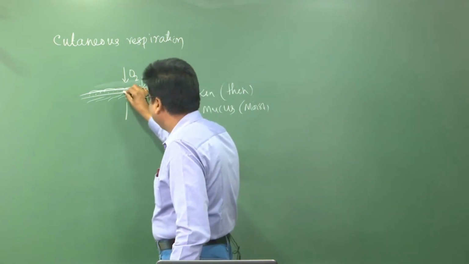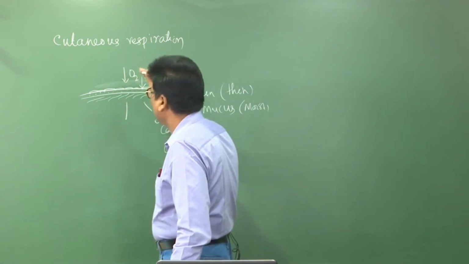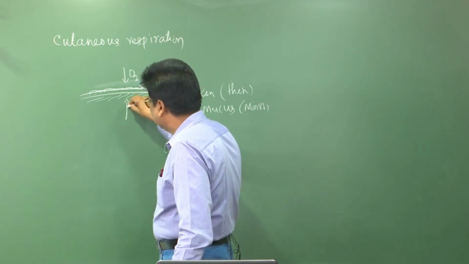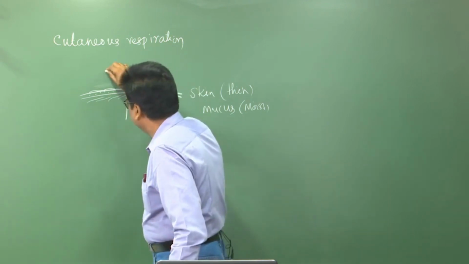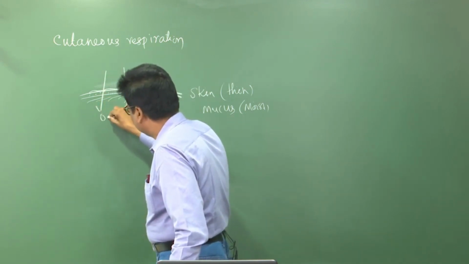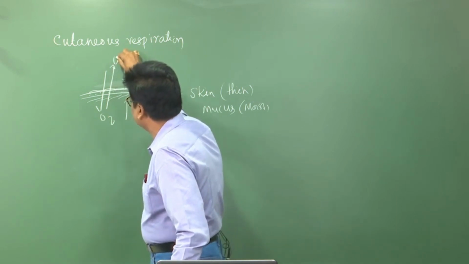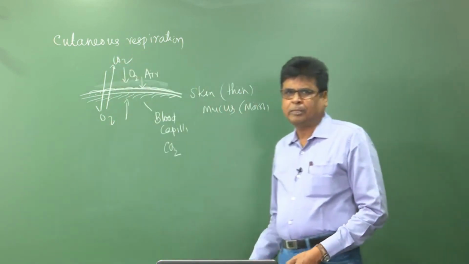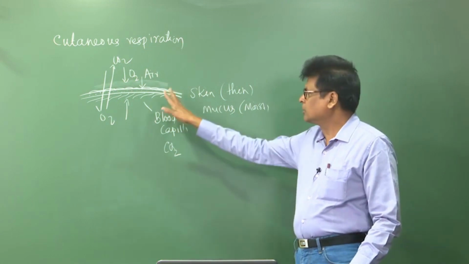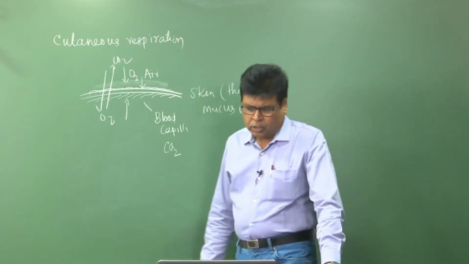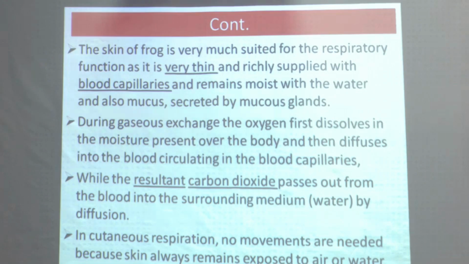So, this moist membrane provides a surface for exchange of oxygen to this side and carbon dioxide to this side. So, this is all about the mechanism of cutaneous respiration, as shown in this diagram. So, the skin of the frog is very, so what is the text of this, or how can you write it.